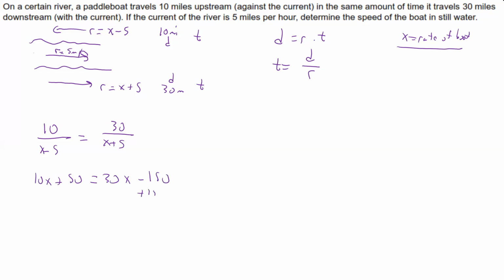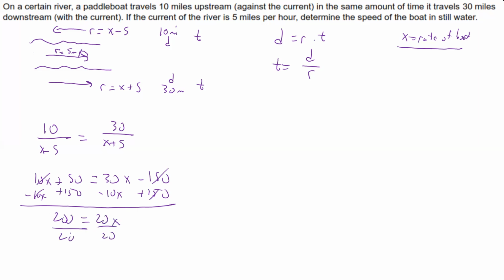If we add 150 and subtract 10x, that cancels that, and that cancels that. And so we get 200 equals 20x. Divide by 20, so x equals 10.